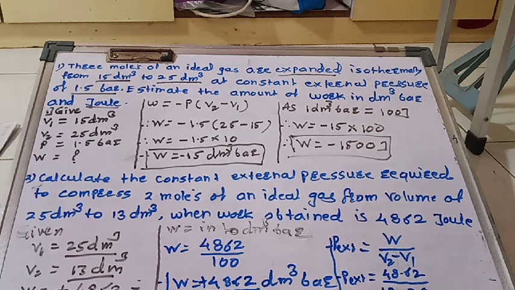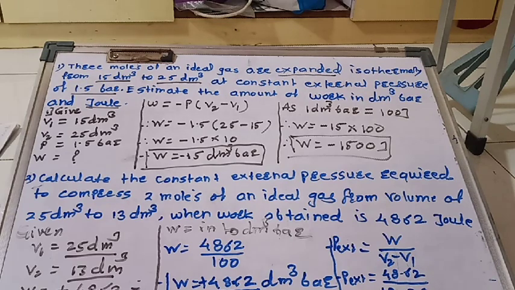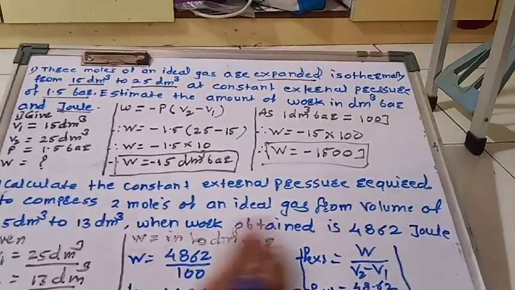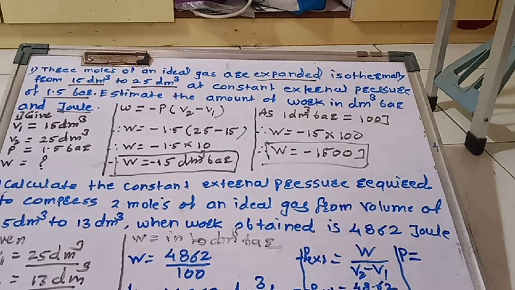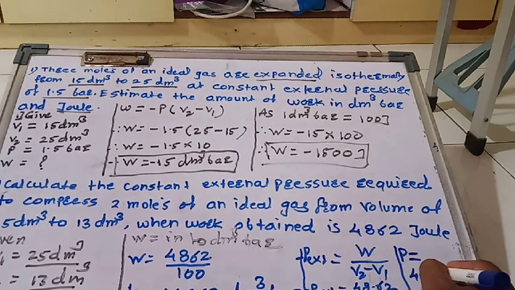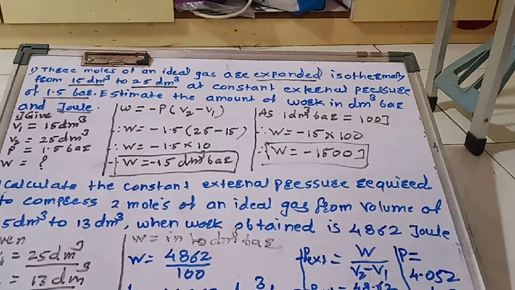So you will get minus P external is minus 48.62 upon 12. So you will get answer P is equal to 4.052 bar. So this is correct answer.